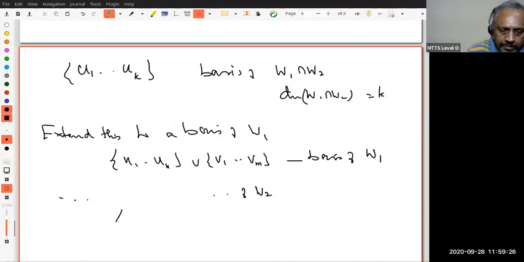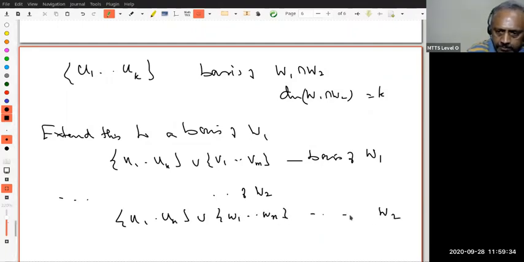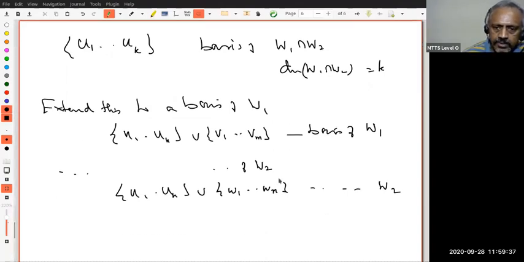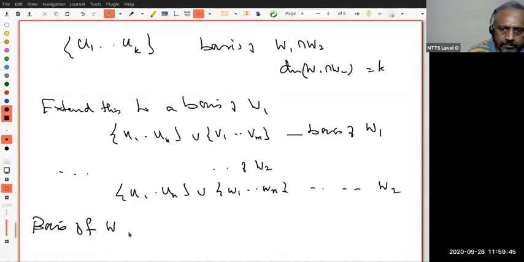Similarly, extend this to a basis of W2. So what do I get? U1 to UK union, let us say, W1 to Wn. This is a basis of W2. You understood? Now how do I get a basis of W1 plus W2? Some guess.